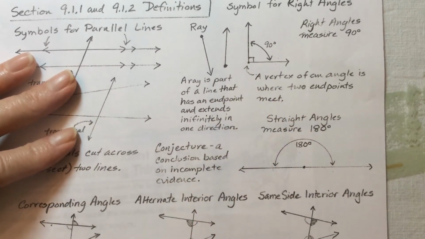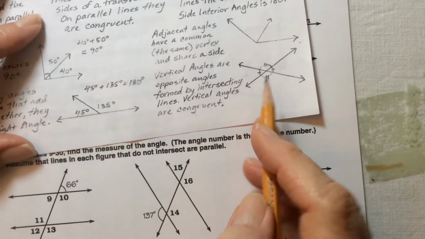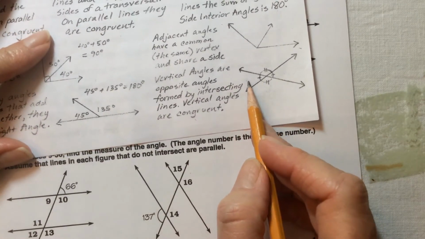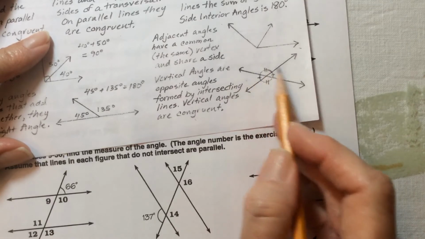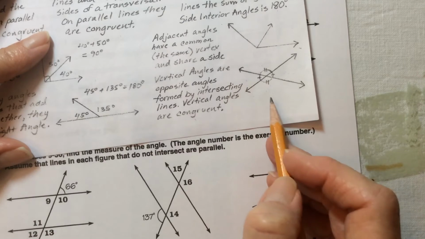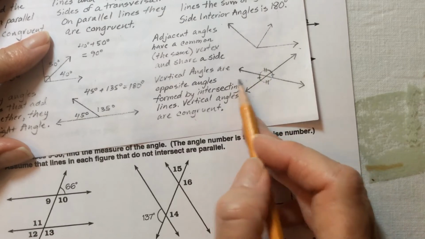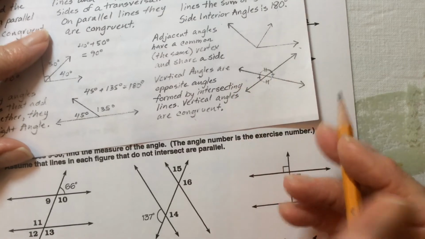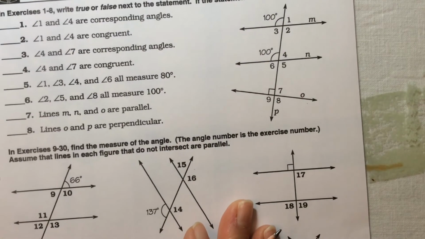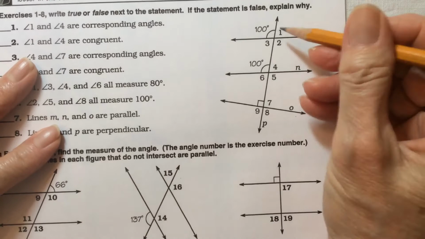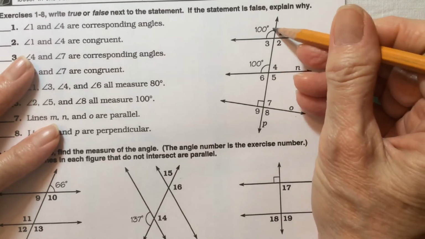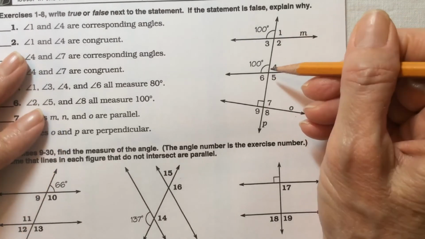Those things will be helpful to you. And one last thing is vertical angles. So the angles that are opposite, when you have two lines that are intersecting, these are vertical angles, and vertical angles are congruent.